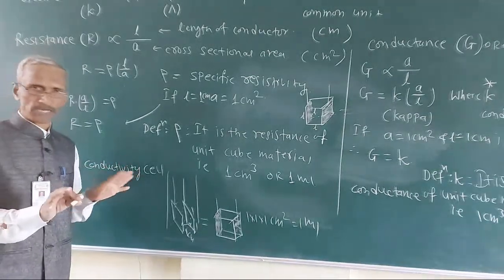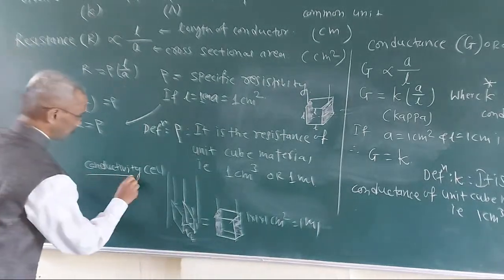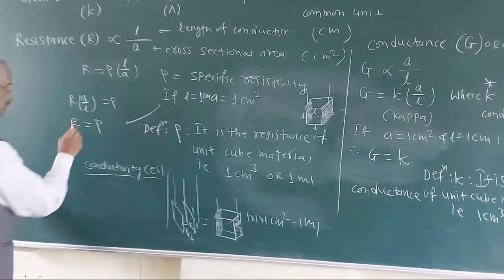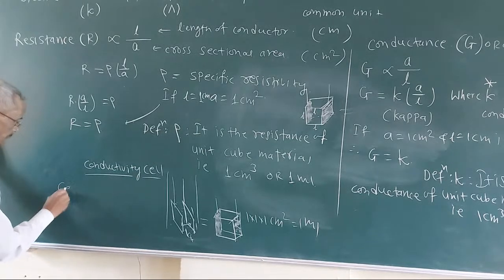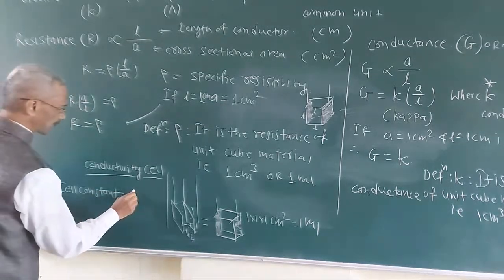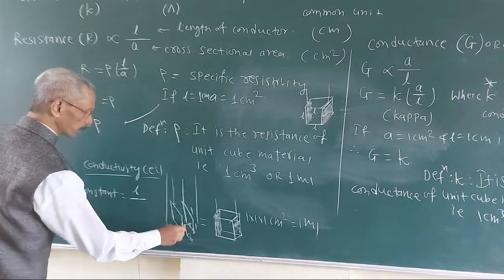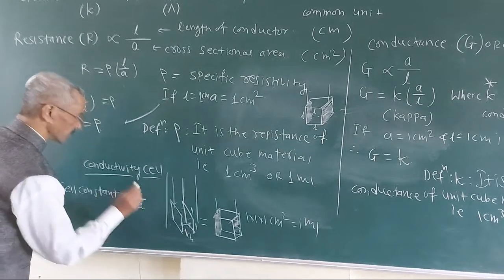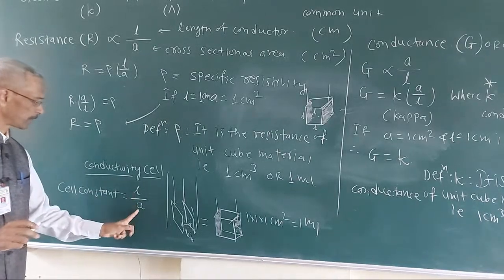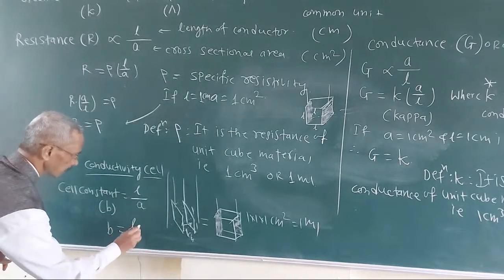That is a manufacturing error, and therefore, to avoid this error, we have to consider a cell constant, defined as the ratio of the length of separation of the two electrodes to the cross-sectional area. So L upon A is the cell constant. It is denoted by B. So B is equal to L upon A.